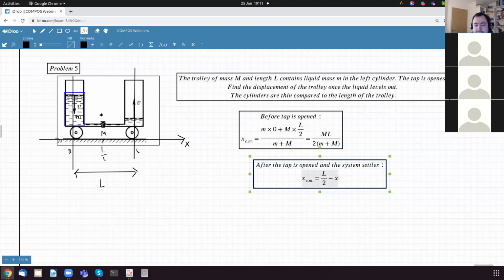Does that make sense, guys? So the center of the trolley has moved a distance of x to the left. But once the system is even, the center of mass is the center of the trolley. So the new center of mass is going to be L/2 minus x. Does everybody understand this? I want everyone to be on board with this.